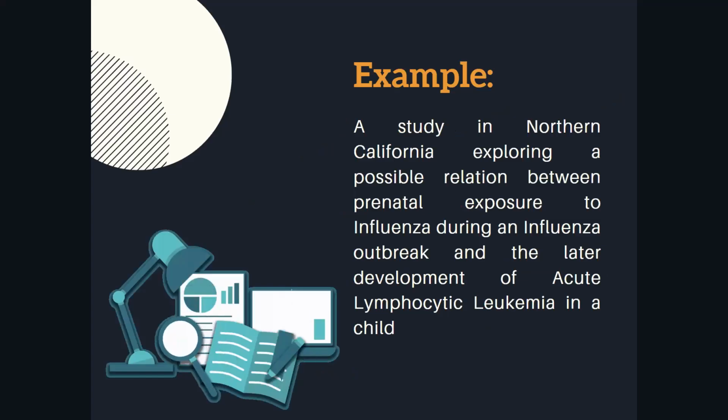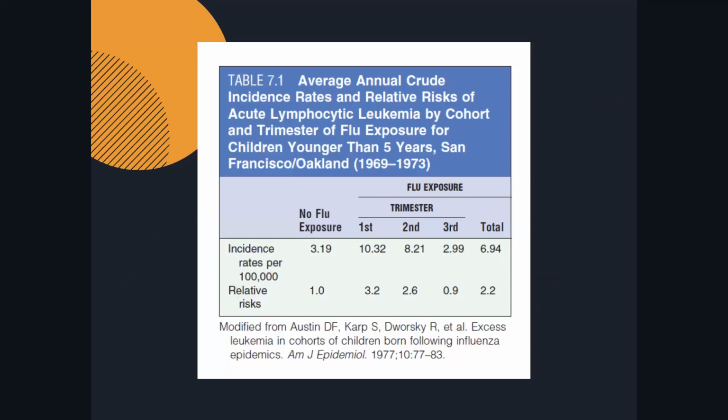For example, a study in Northern California explored a possible relation between prenatal exposure to influenza during an influenza outbreak and the later development of acute lymphocytic leukemia in a child. This table shows the average annual crude incidence rates and relative risks of acute lymphocytic leukemia by cohort and trimester of flu exposure for children younger than 5 years.